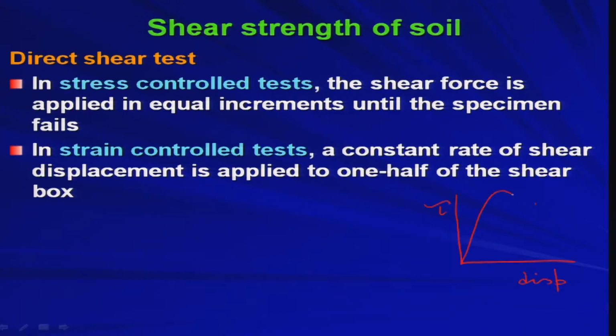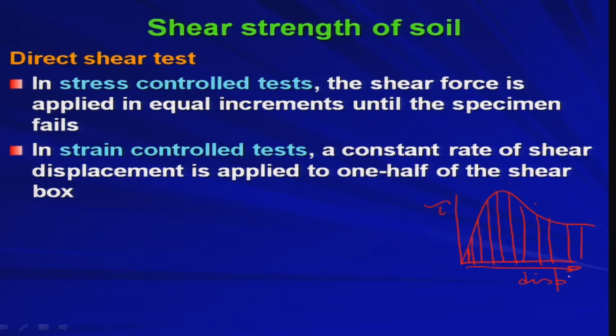with strain control test, what is happening, you see, in strain control test you are controlling the displacement, the rate of displacement is constant. So, this is your constant displacement you are considering, right. So, continuously you are increasing the displacement, there is no issue.